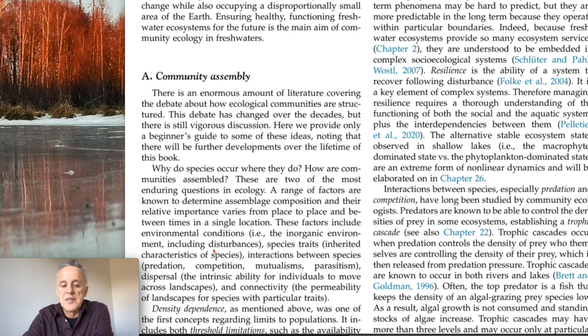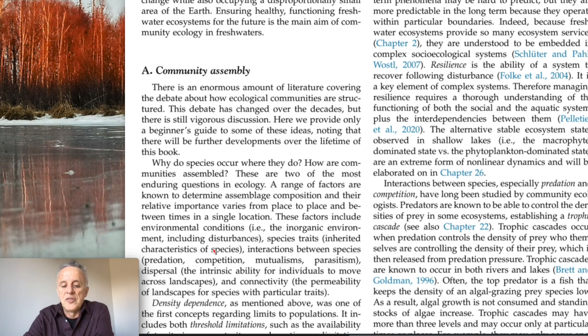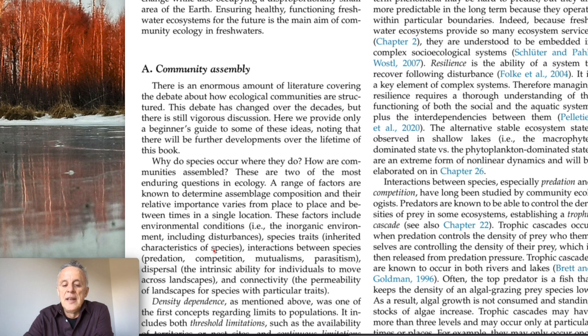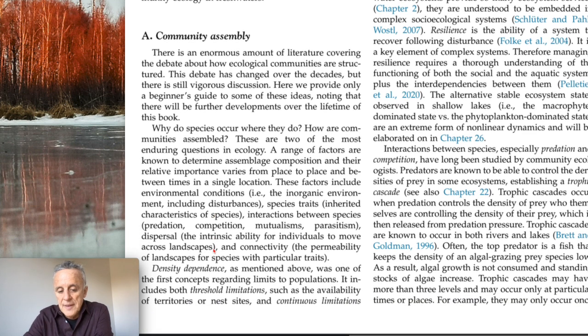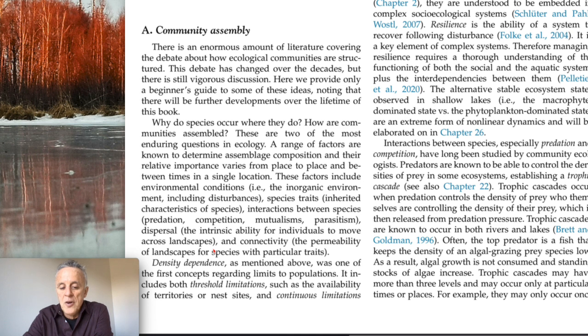A range of factors are known to determine assemblage composition, and their relative importance varies from place to place and between times in a single location. These factors include environmental conditions, species traits, interactions between species, dispersal, and connectivity of landscape. Density dependence, as mentioned above, was one of the first concepts regarding limits of population.